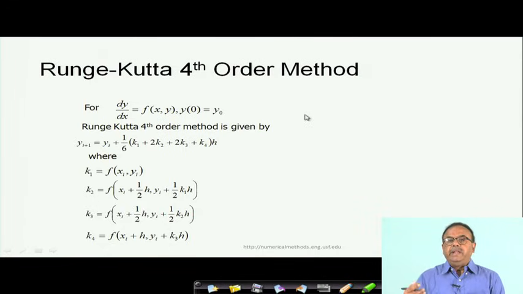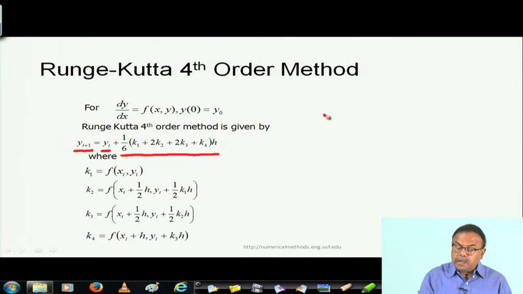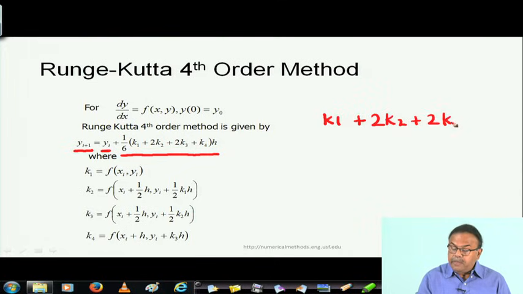Given this dy/dx, my task of solving a differential equation is to find a particular y. So, what we are trying to do is y_{i+1} is y_i plus 1 by 6 followed by a term, and what is that term? k1 plus 2 k2 plus 2 k3 plus k4.